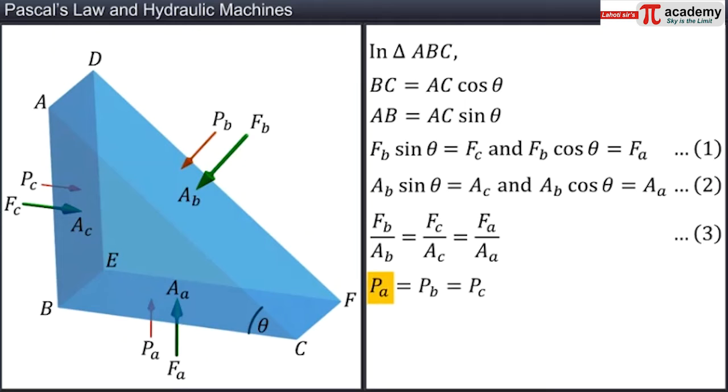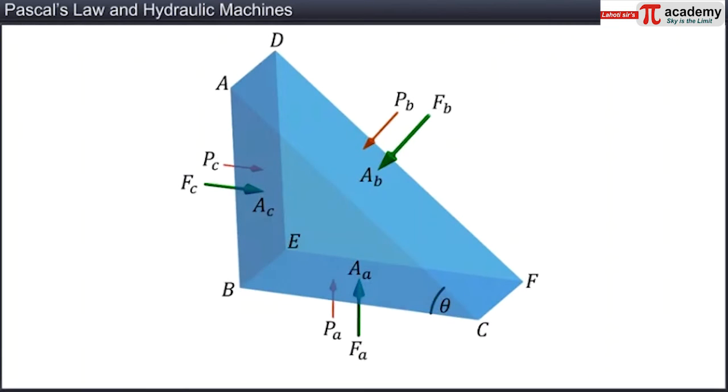Thus, PA is equal to PB, which is equal to PC. Hence, we can conclude that the force against any area within a fluid at rest and under pressure is normal to the area irrespective of the orientation of the area.